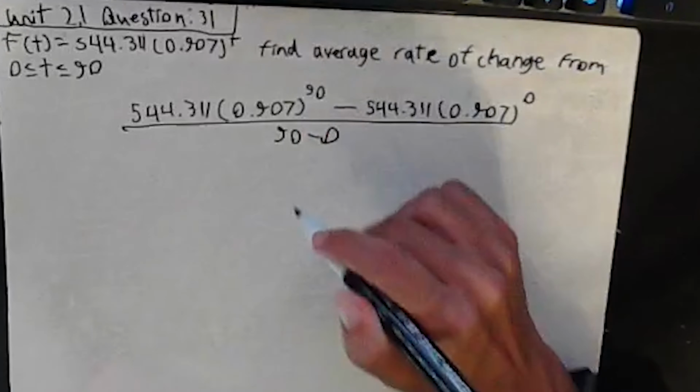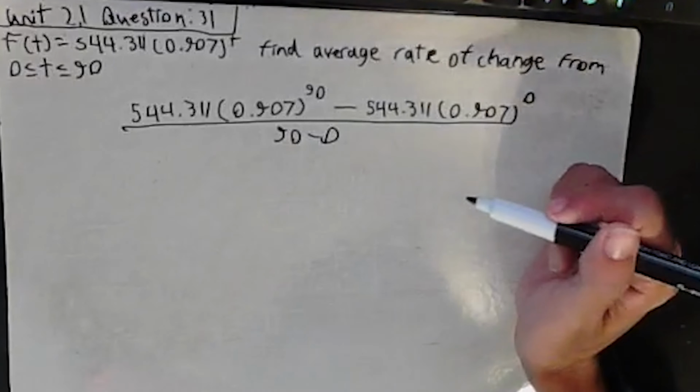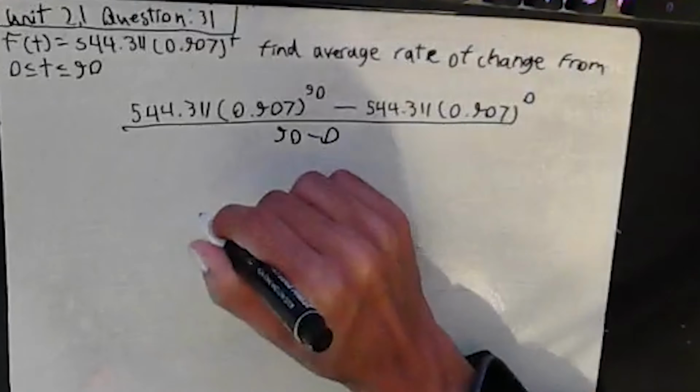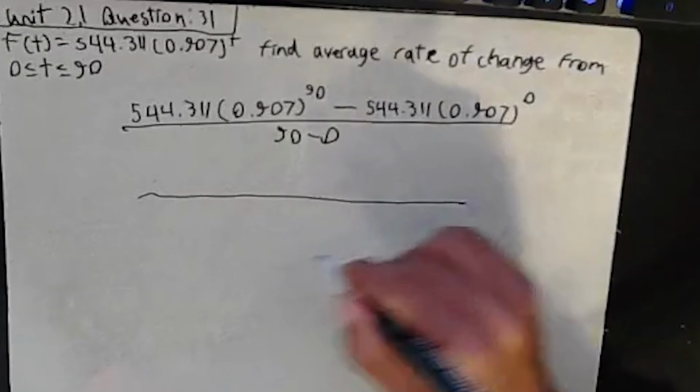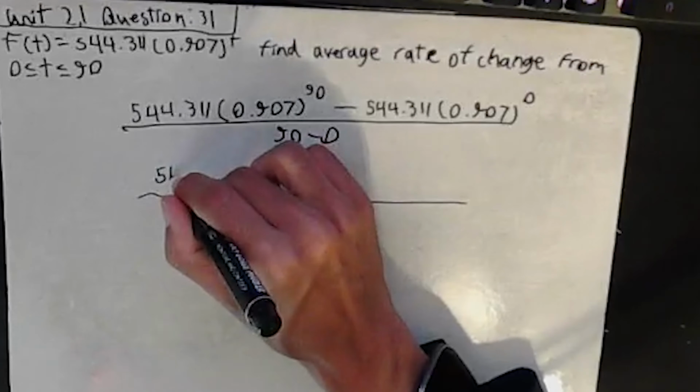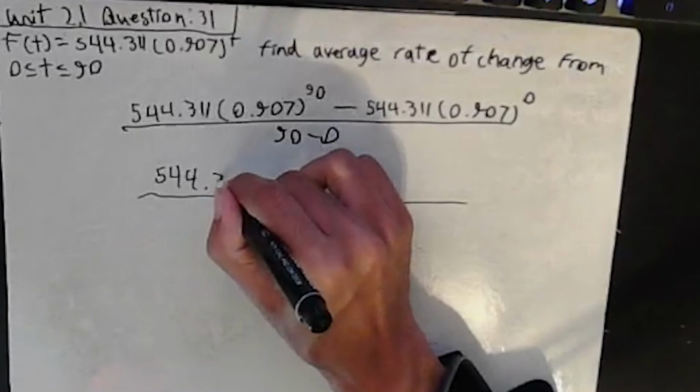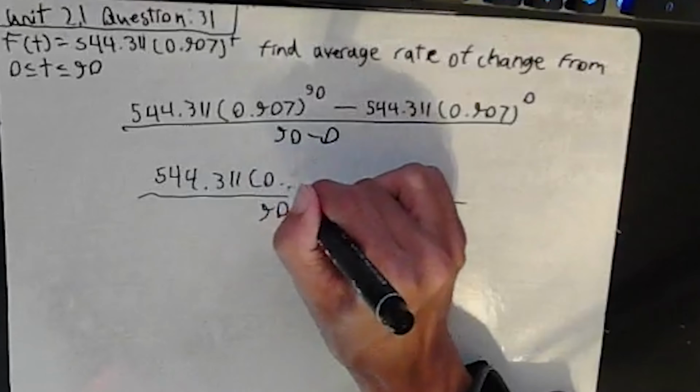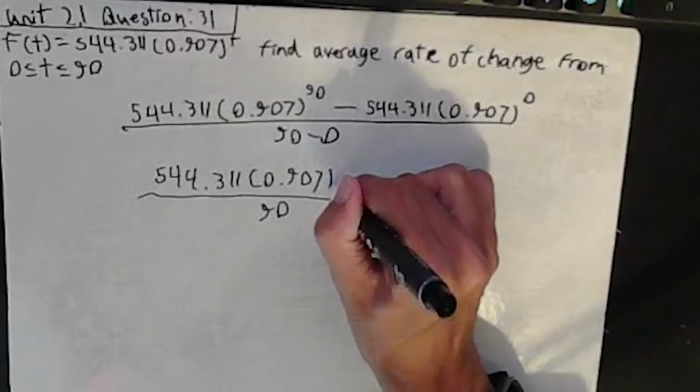Alright, let's simplify a little bit. 90 minus 0 is just 90, so we know that 90 is going to be on the bottom. And then on the top, without a calculator, we can't really simplify this, so I'm going to leave it the same. 544.311 times 0.907 to the 90th power.